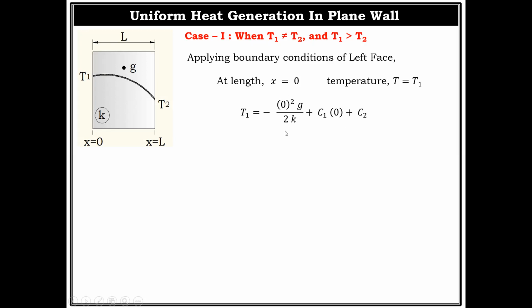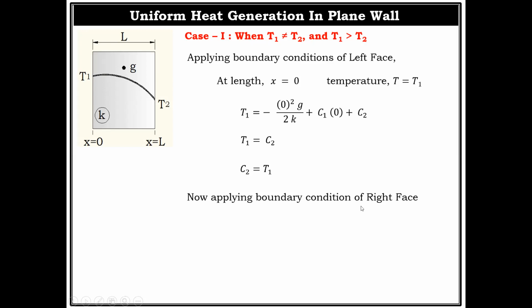So these two terms become 0. So finally we get T1 equals C2. But we are interested in finding the values of constants C1 and C2. So C2 is equal to T1. So this is the value of C2.